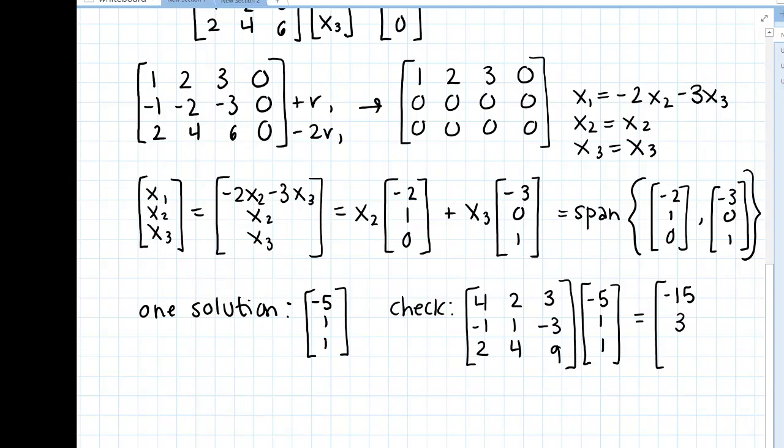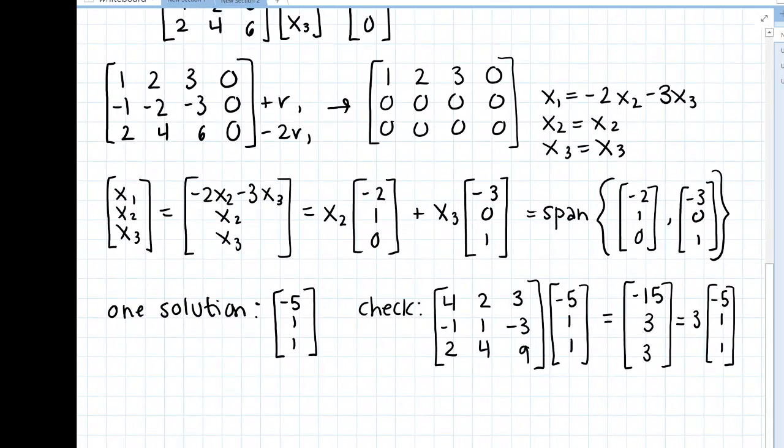And then the third component will have negative 10 plus 4 is negative 6 plus 9 is 3. And it worked. That is the same thing as 3 times our original vector. And that shows us that we were right, that this is in fact an eigenvector.